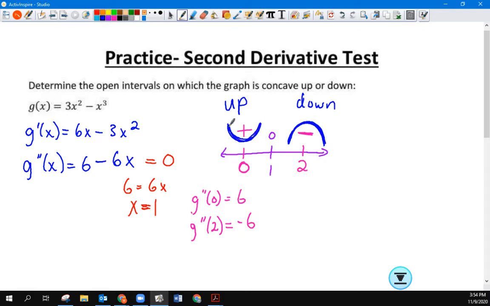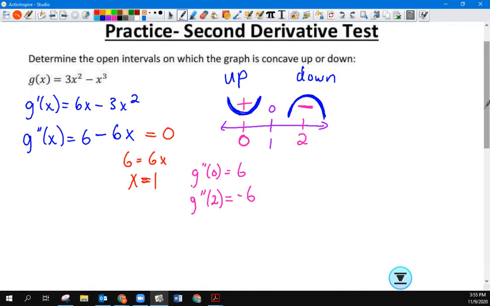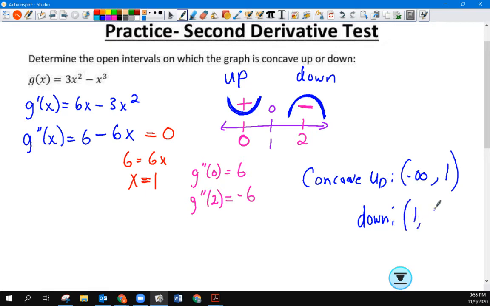When it's positive, your cup or concavity is up, like that. So my intervals where it is concave up is from negative infinity all the way to 1. And it's concave down from 1 to infinity.